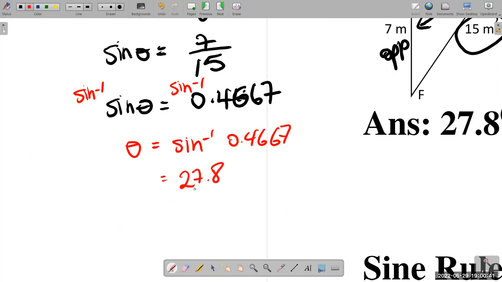Tell me what your calculator gives you exactly. If it gives you something weird, tell me what it gives you. You're finding sine inverse of the thing, okay?